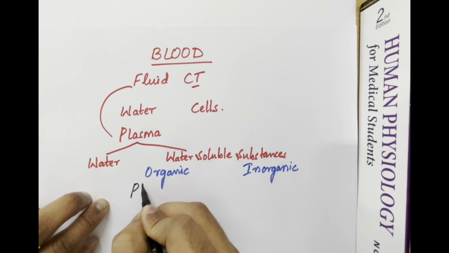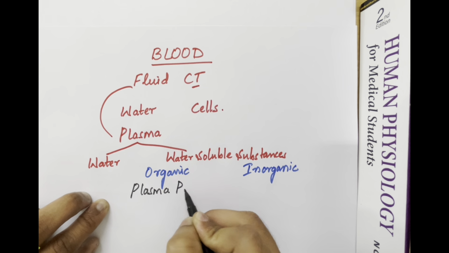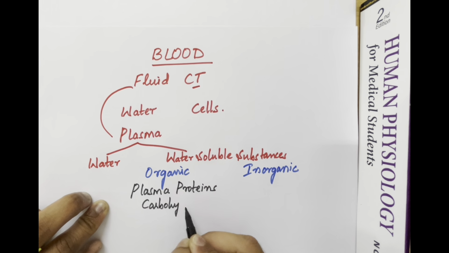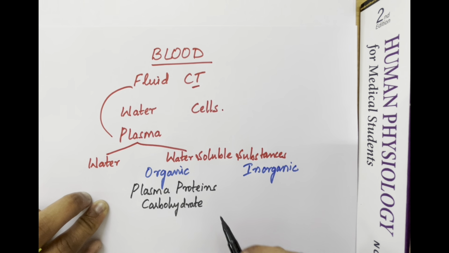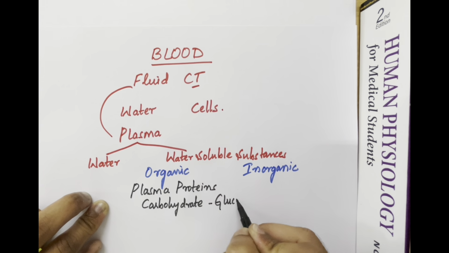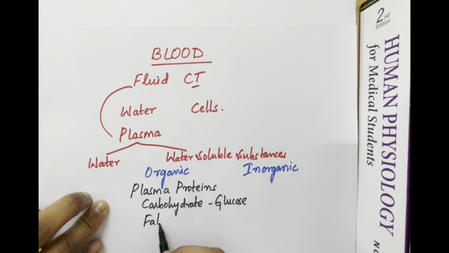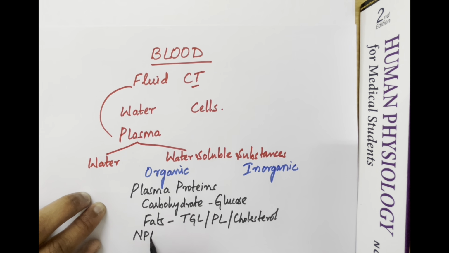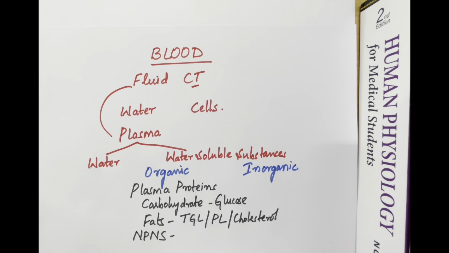So organic substances are plasma proteins, carbohydrates, that is blood glucose, fats like triglycerides, phospholipids, cholesterol, and also there are non-protein nitrogenous substances in the plasma.